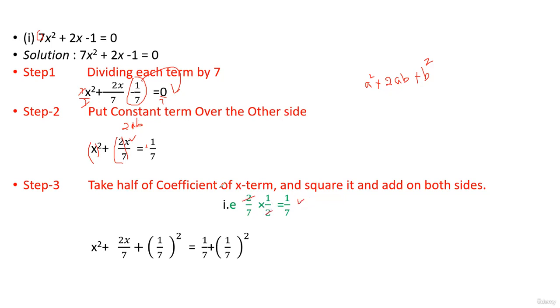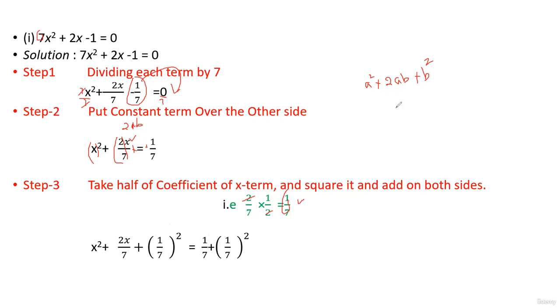Now squaring this, take the half of the x coefficient and square it and add it on both sides. Now squaring this term, 1 upon 7, and adding it to both sides, you have here plus 1 upon 7 whole square. This is the way you can do.